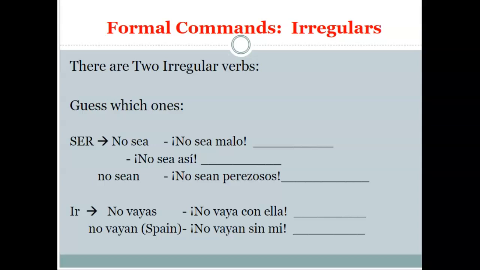There's no seas, but now in usted form it becomes no sea malo. So ustedes no sean perezosos. Like, don't be lazy, you guys. No vayas is the tú form, and now you say no vaya. And then no vayan is the ustedes form.